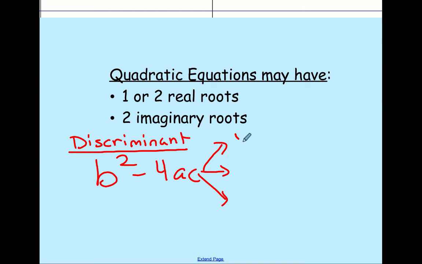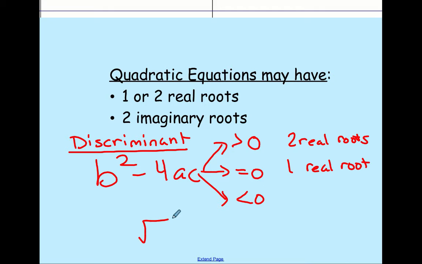If it is a positive number greater than 0, there are 2 real solutions. If it's exactly 0, there is 1 real solution or root. And if it's less than 0, that means you're getting a square root of a negative number. Well, square roots of negative numbers are imaginary, which means you have 2 imaginary roots.